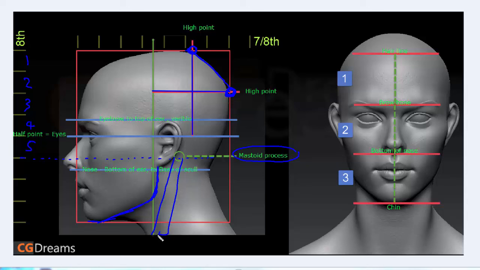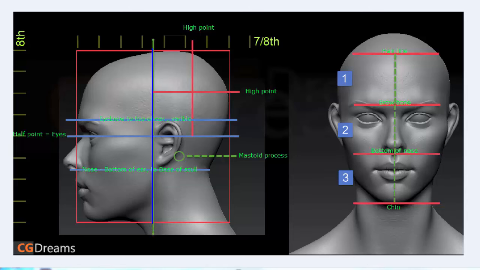The next thing is where do we place the ear? Well, the ear is going to be placed behind the center line as we've got here. So this center line, it has to be behind there. The ear is not going to be higher than the eyebrow, and it's not going to be lower than the nose in a general sense.